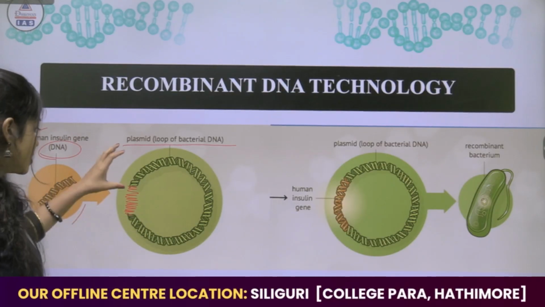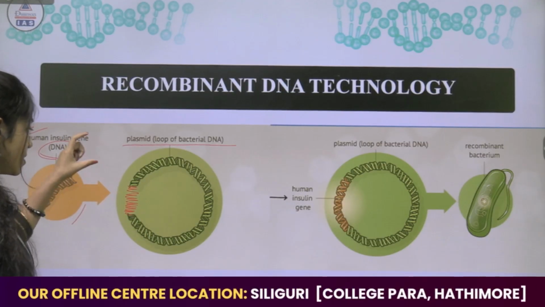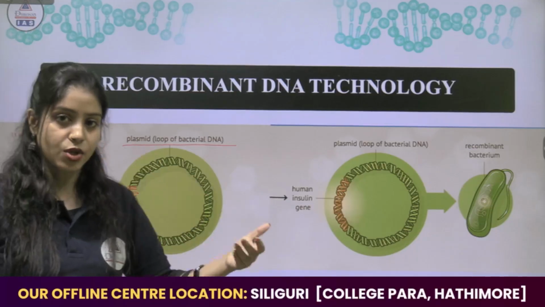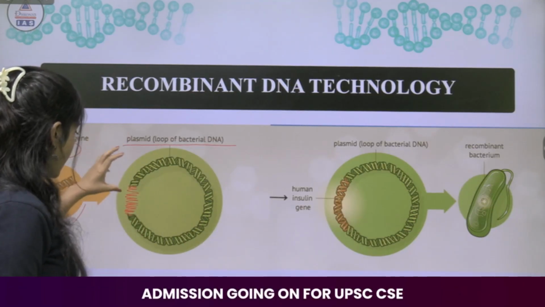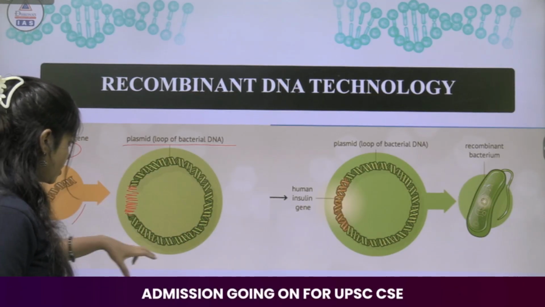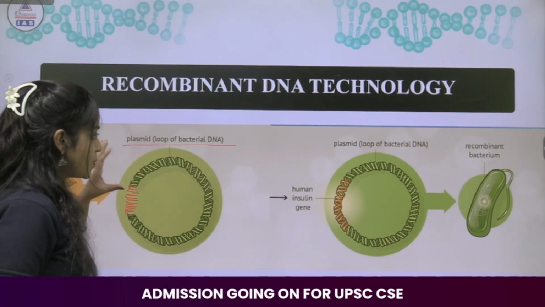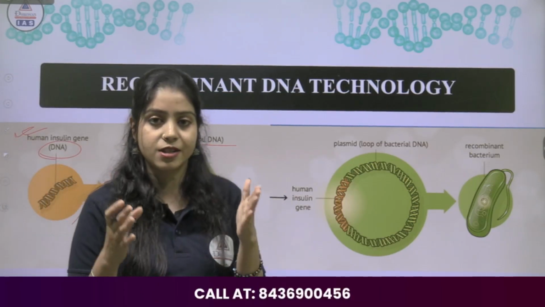If we insert the human gene responsible for the synthesis of insulin hormone into the bacterial genome, this becomes a recombinant DNA.